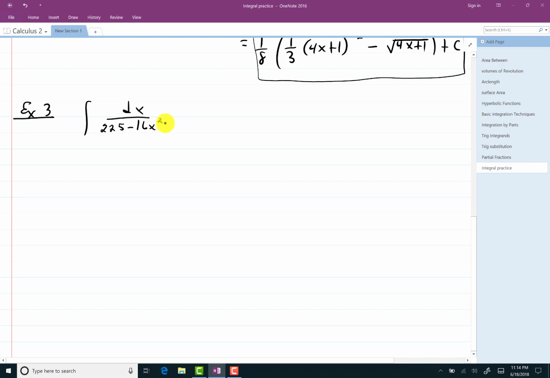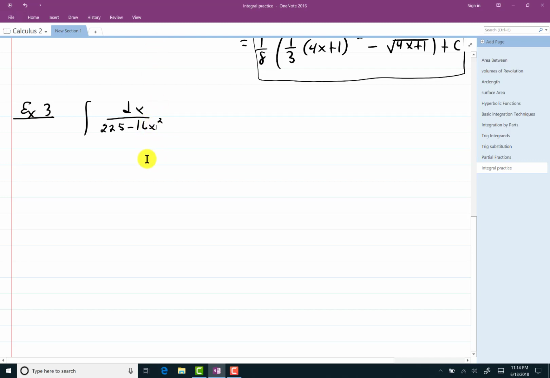For a problem like this, I see a number minus a square, so I'm thinking along the lines of cosine or sine, but the problem with that is I can't let x be equal to sine of theta. The reason why is that sine of theta only goes from -1 to 1. x here is unbounded.